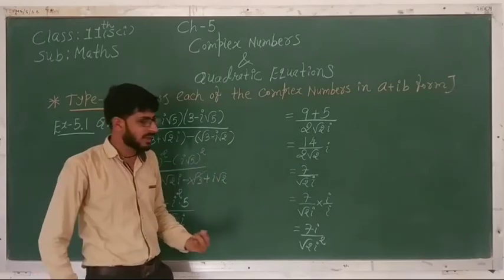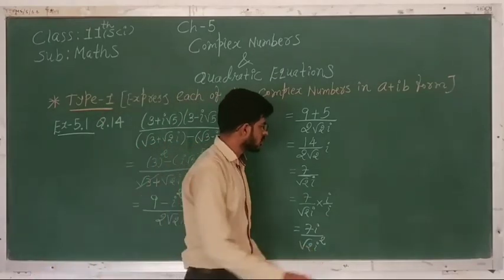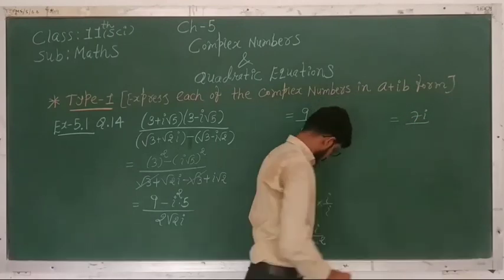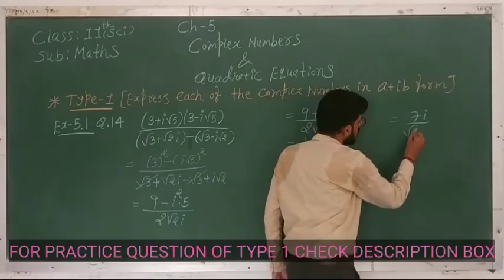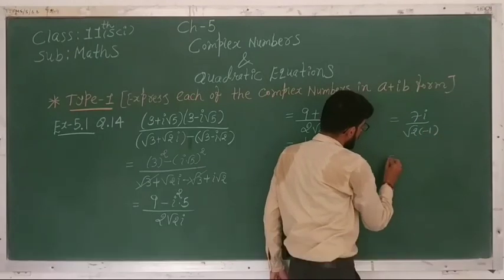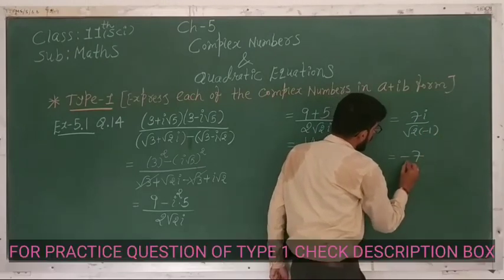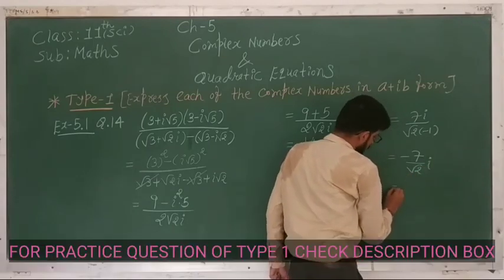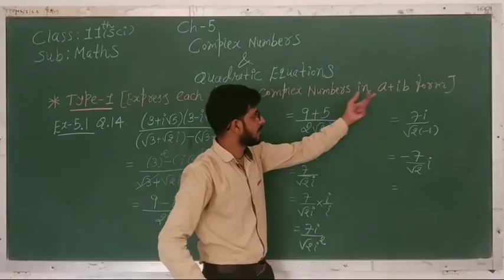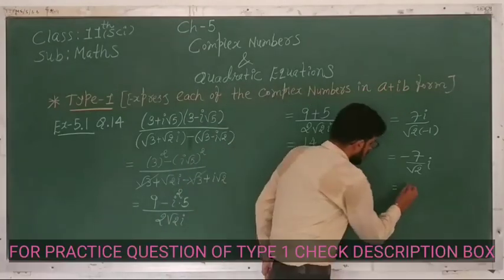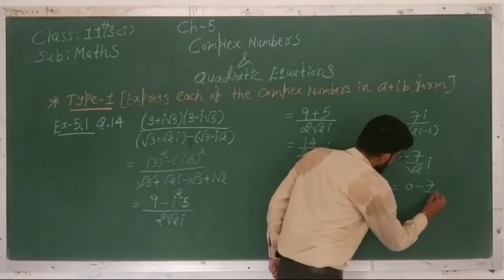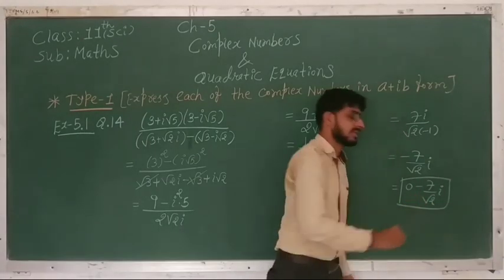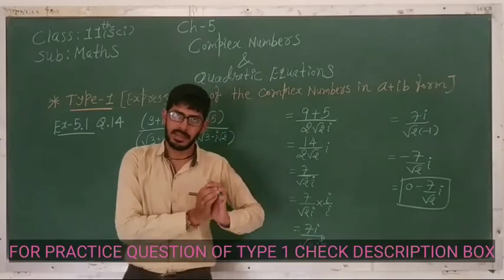Again we put the value of i square as minus 1. So it gives 7i upon root 2 into minus 1, so it gives minus 7i upon root 2. So we have to express in a plus ib form. So we can write 0 minus 7 upon root 2 i as the final answer. Is it clear?